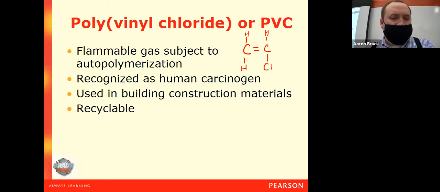Vinyl chloride is widely recognized as a carcinogenic material, meaning that vinyl chloride will cause cancer if you are exposed to enough of it for a long enough period of time. However, when we get it to polymerize properly, it makes a pretty good building material.